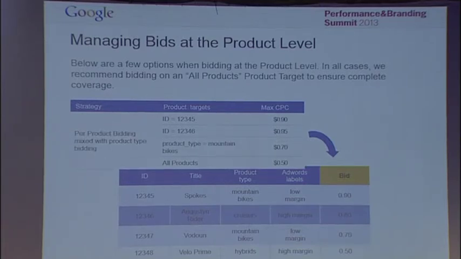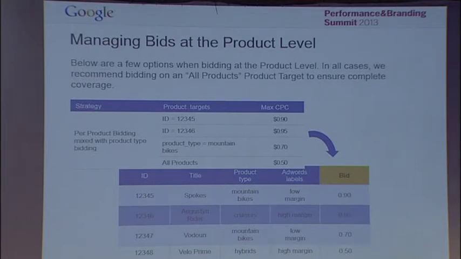Here you see that we mix targeting by ID as well as targeting by product type. So you see that the first bike has a bid of 90 cents, because it's targeted with the ID. The second bike has a bid of 95 cents because it also has a bid assigned just for it with ID targeting.